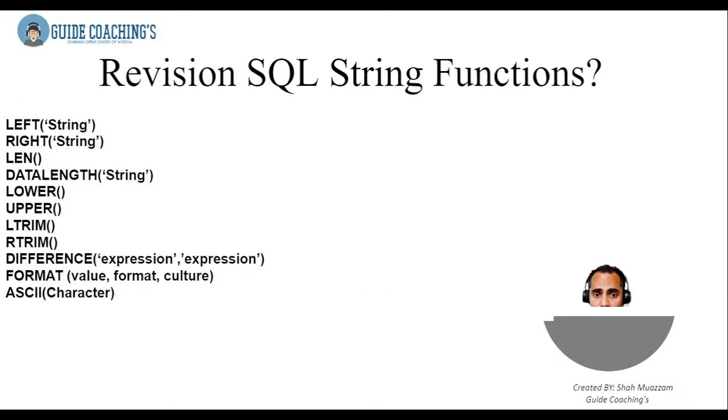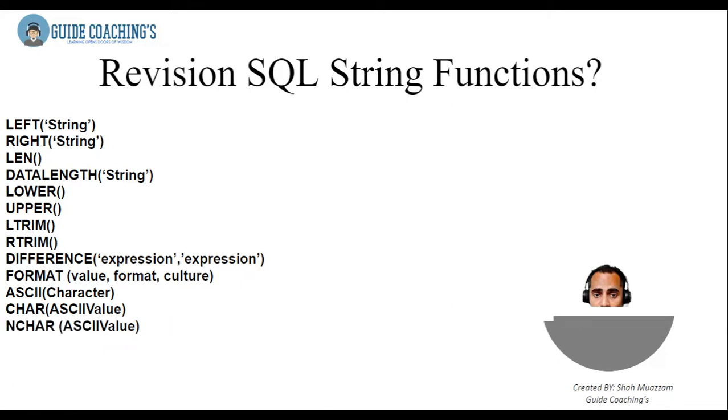Then we had the ASCII function, where we get the ASCII value of any character. Whenever we put any character, it will give us the ASCII value of that particular character. Similarly, we had char, where we give the ASCII value and it is converted to the character.